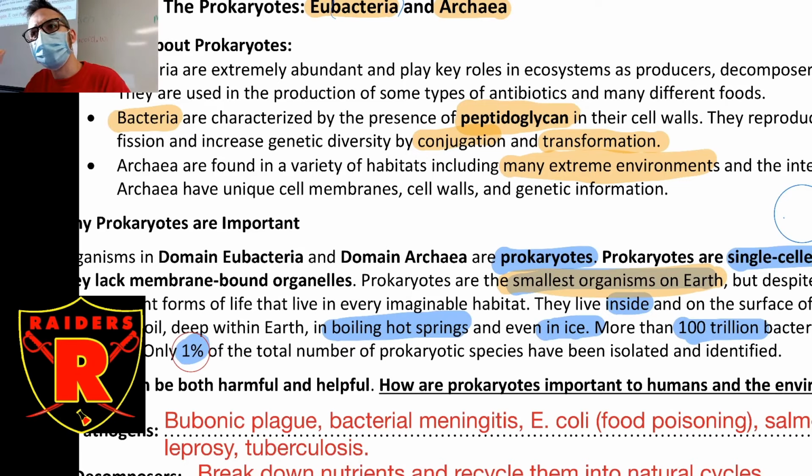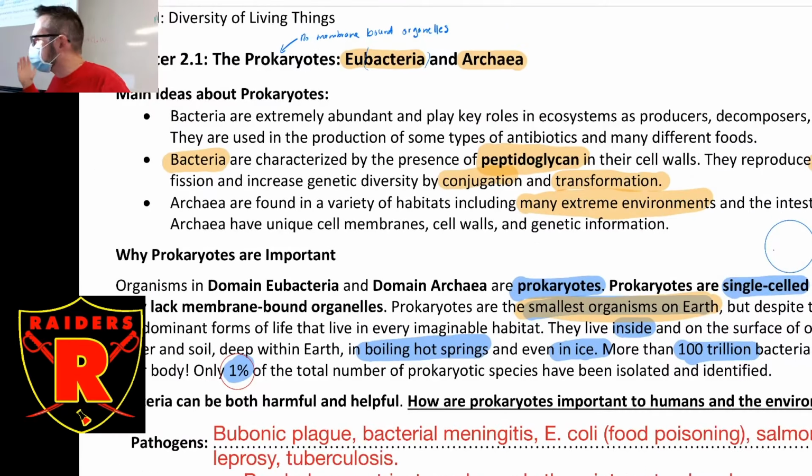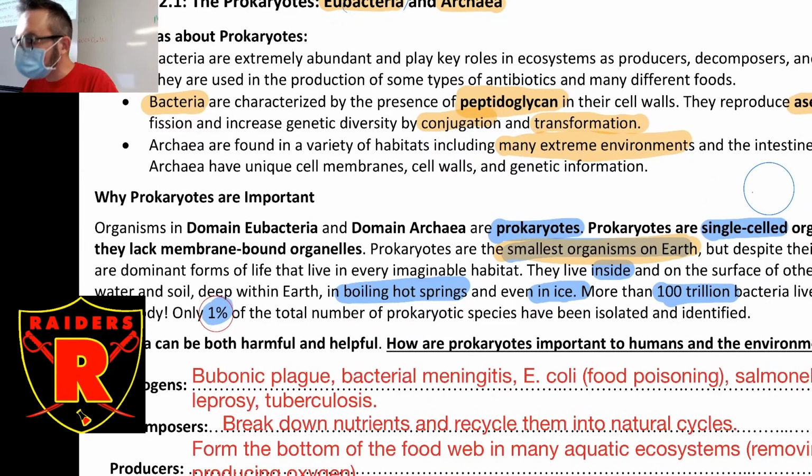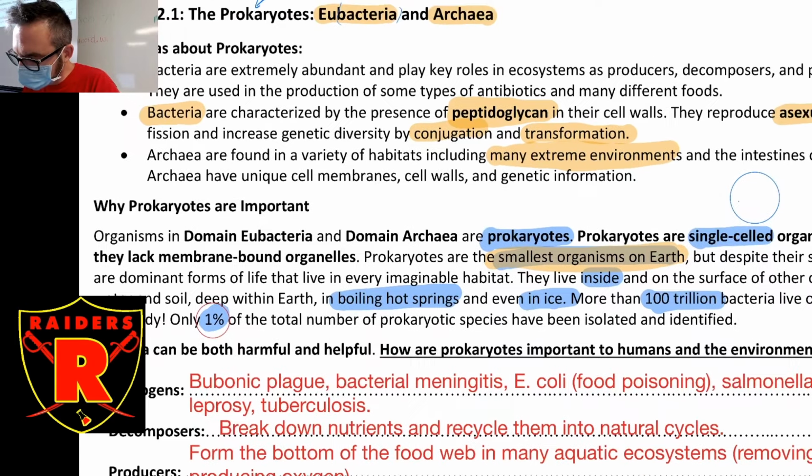So it operates in some ways like a virus, but the bacteria grows inside of your cells, which is kind of cool, although it's not cool if you have it. Tuberculosis is caused by a bacterial infection. So all these things are bacterial. So there are pathogens. There aren't a lot of archaea pathogens, by the way, which is kind of interesting. So it's almost exclusively bacteria that cause illness in humans.